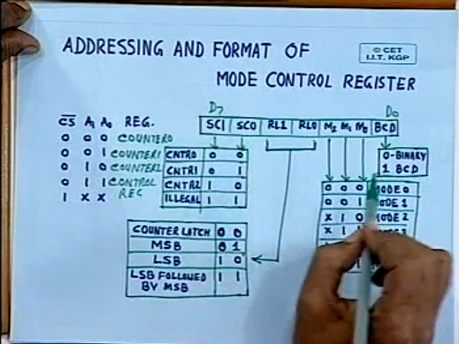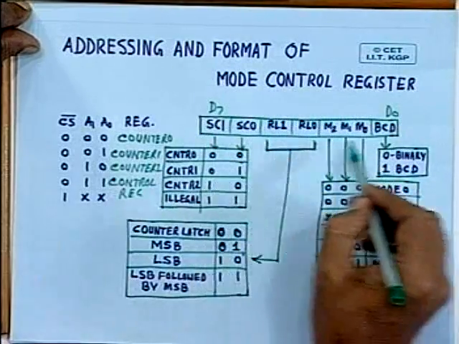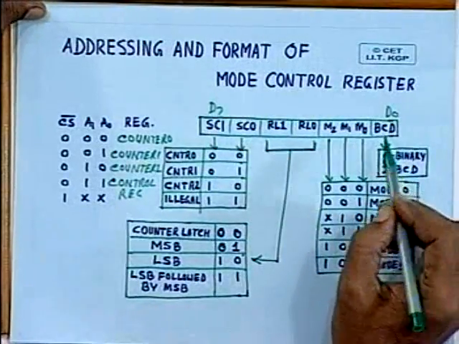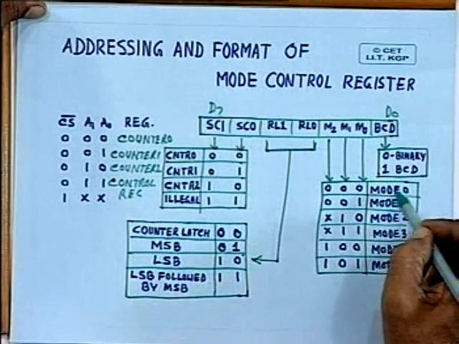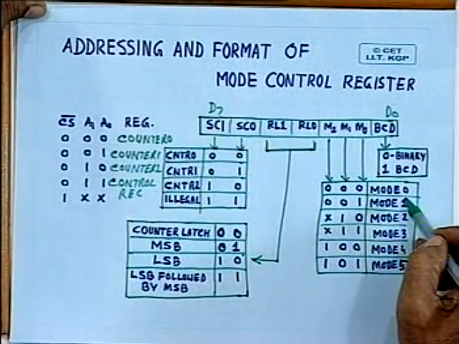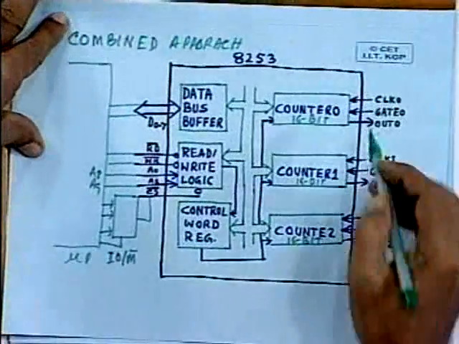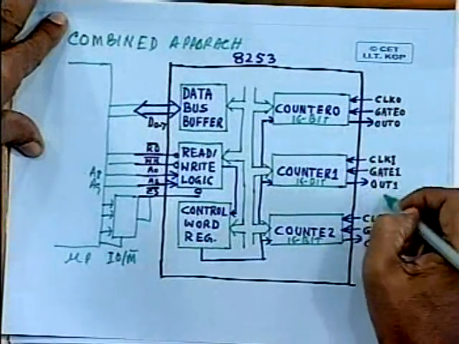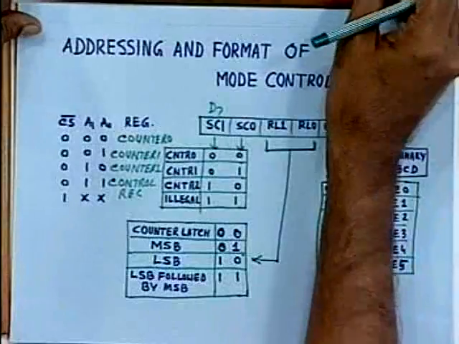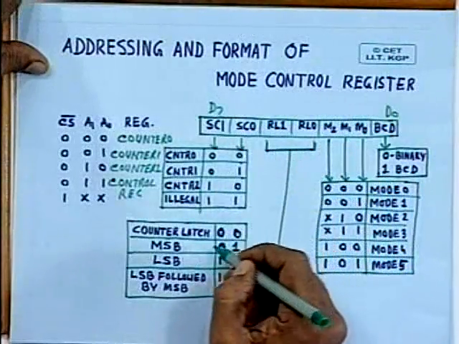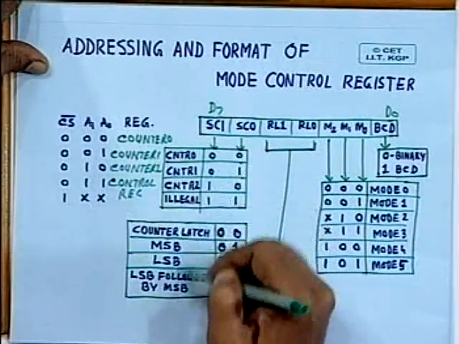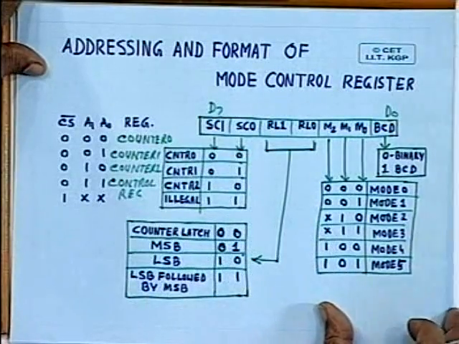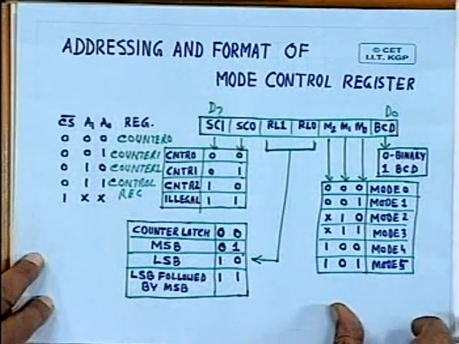So you can see here, this particular register plays a very important role, not only in configuring the different sections, this one or this one in different modes, but by using these 2 bits you can access different registers, the counter register and control registers.